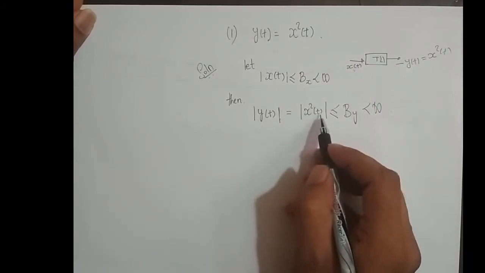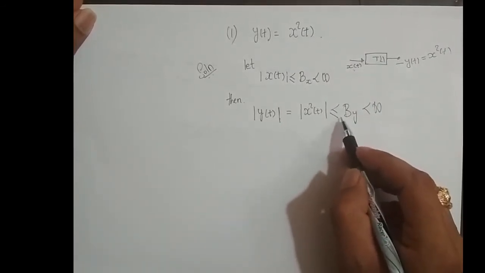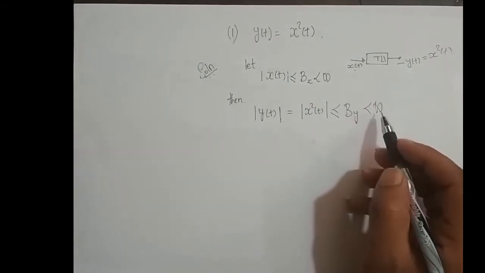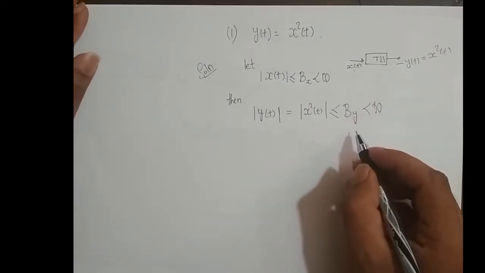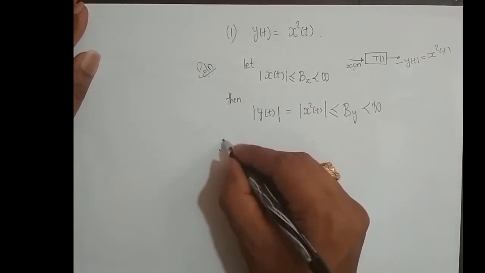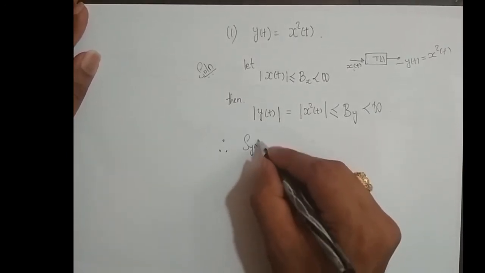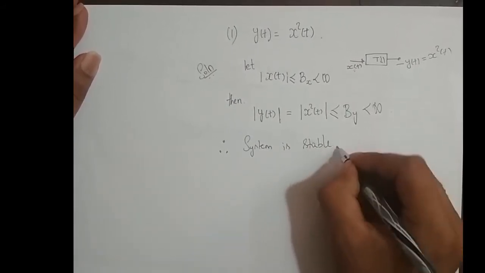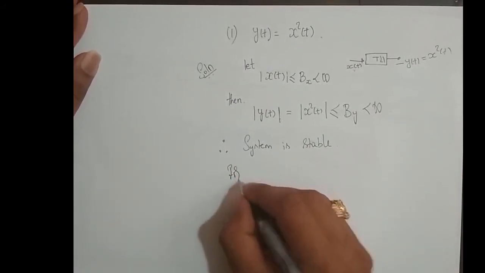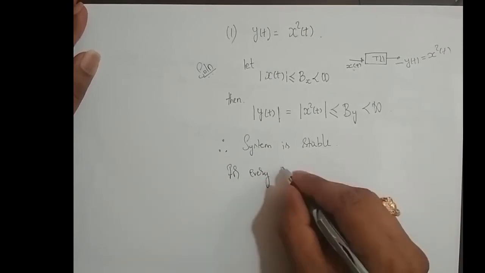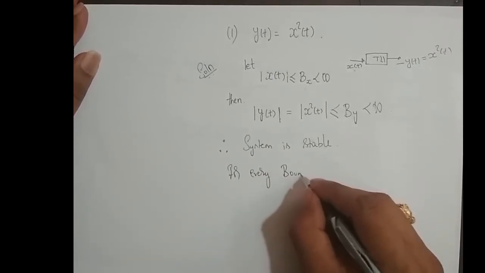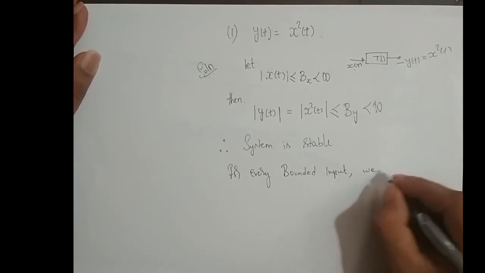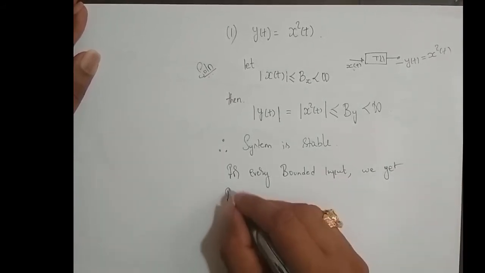Magnitude of y of t, which is magnitude of x square of t, is always less than or equal to by in this system, and that by is less than infinity, right? So therefore the system is stable. Why stable? Because for every bounded input, we get bounded output.